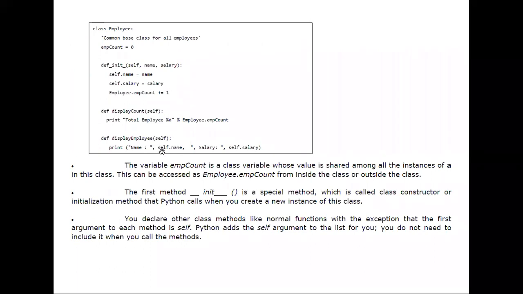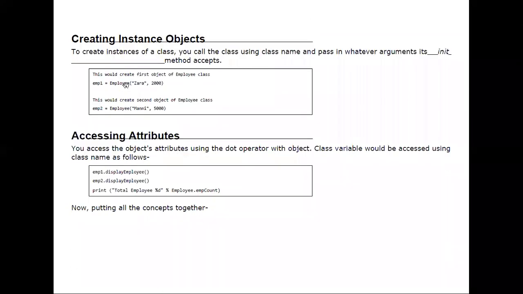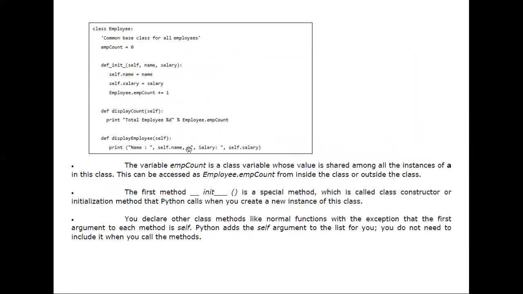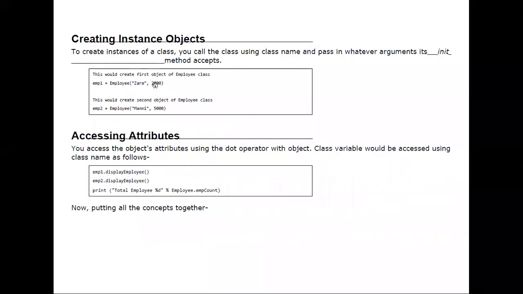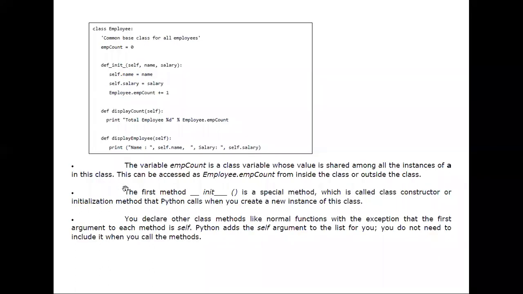For emp1, that is self.name, and for emp1 what is the name, Zara, and again self.salary, because we are calling it for emp1.salary, and that is 2000. Okay, and that will be printed on your screen because we are using print here.